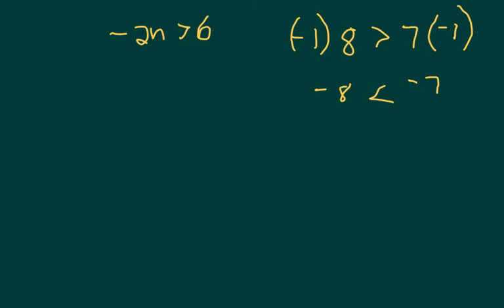That's going to apply to what has to happen when I undo multiplying by negative 2, which I'm going to do by dividing by negative 2. When I write the results, I have to flip this inequality. So n will be less than, and 6 divided by negative 2 is negative 3.